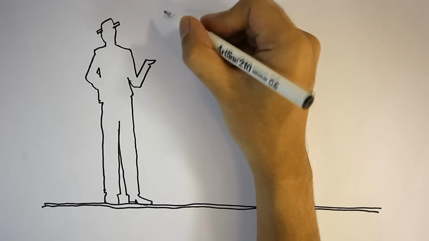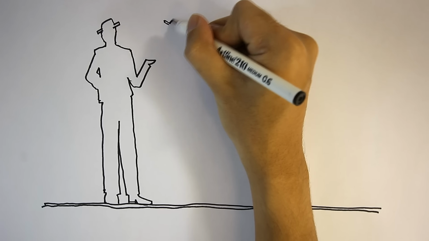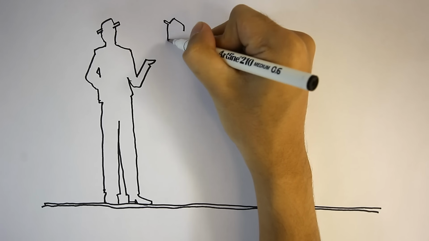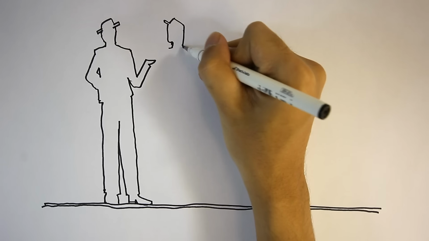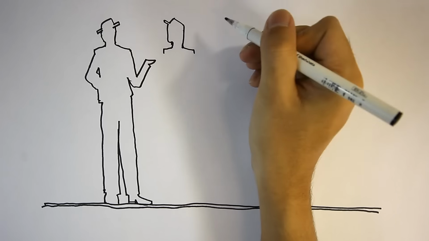And usually when I draw it, I start with the head, and then from the head there's the neck, and follows through with the shoulders.